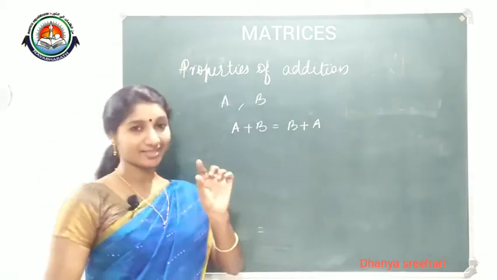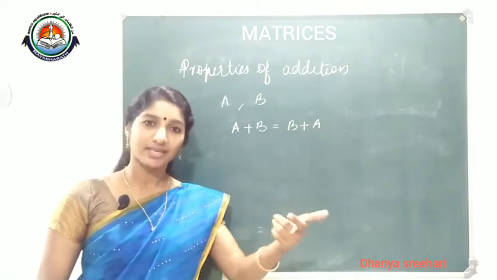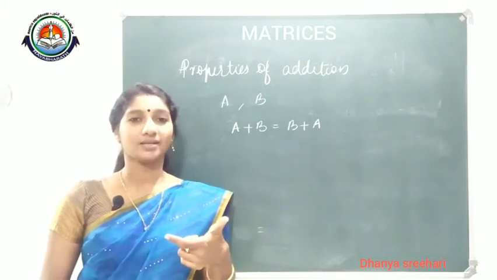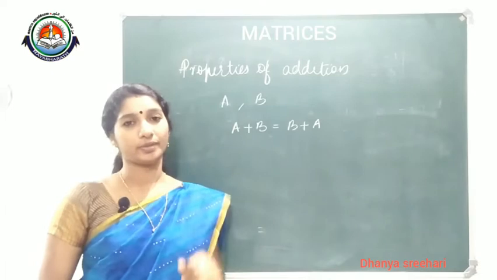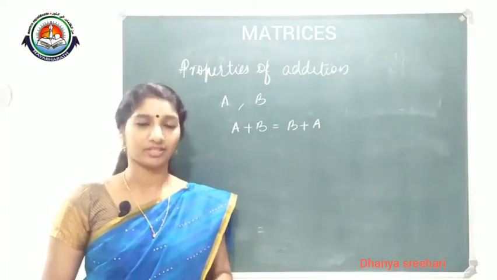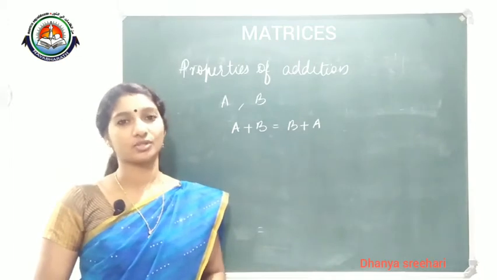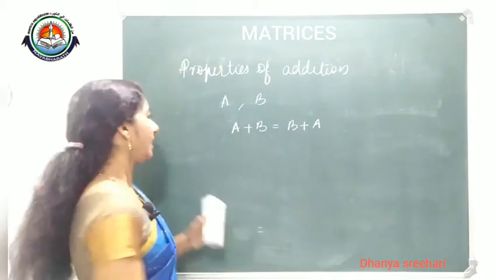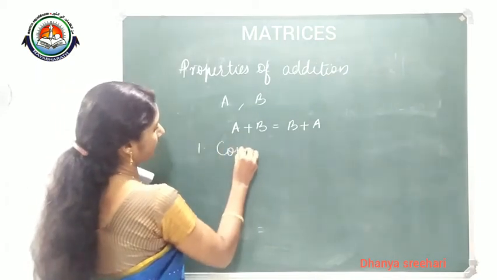See, A plus B means corresponding elements we are adding, numerical calculation only, numbers we are adding. Since numbers addition is commutative, we will get A plus B is equal to B plus A also. Normal addition is commutative, that's why matrix addition is also commutative. That means first property is commutative property.